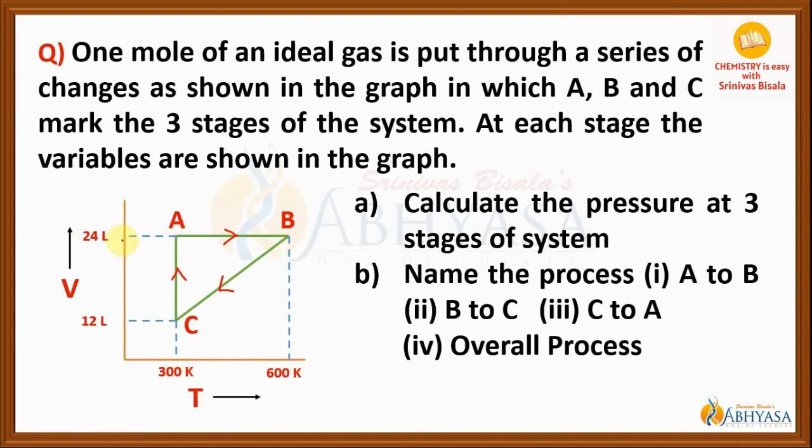At A as well as at B, the volume is the same, that is 24 liters. And for A and C, the temperature is 300 Kelvin, and for B it is 600 Kelvin. So this is the information given. From this we need to calculate the pressure at all these 3 stages, and we need to mention the process. Let us solve one by one.